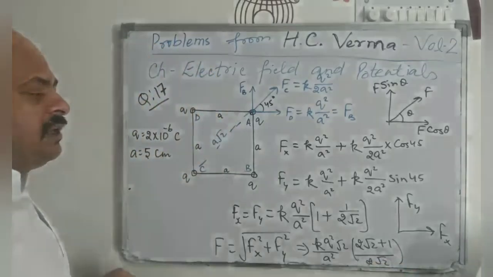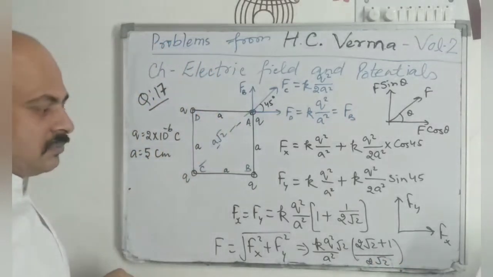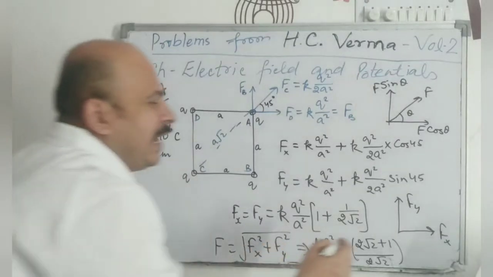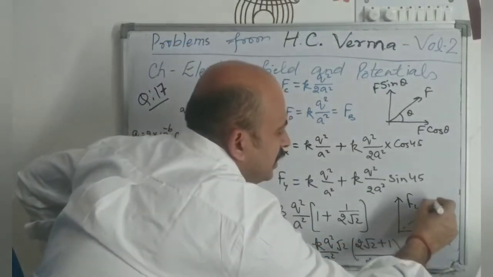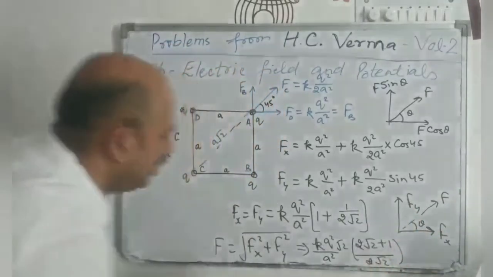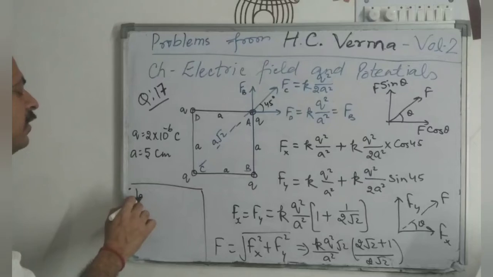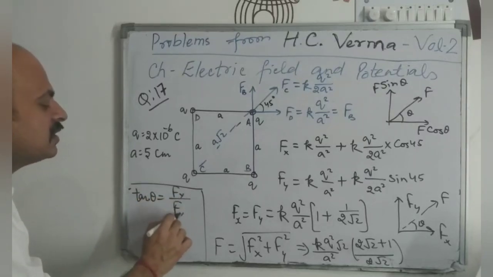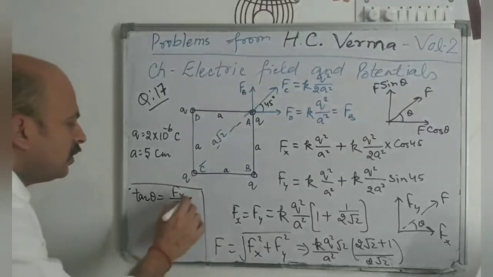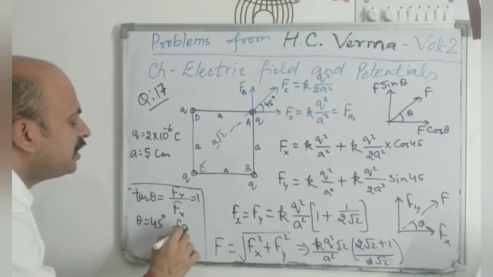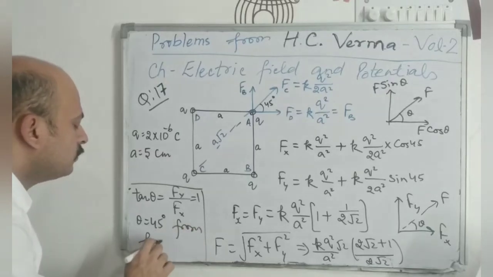So this is the resultant force. How to calculate direction? Let the resultant force be directed theta degree from horizontal. So tan theta is equal to Fy upon Fx. Both are equal, therefore 1. So theta will be equal to 45 degree from horizontal.